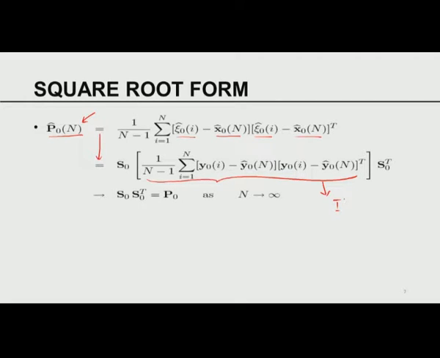The actual covariance of y is I. So in time it will go to I. So the whole thing reduces to, for large sample, S naught times S naught transpose is equal to P naught. Therefore the estimate of the analysis covariance at time 0 converges to the actual covariance P naught as N, the number of samples, goes to infinity.